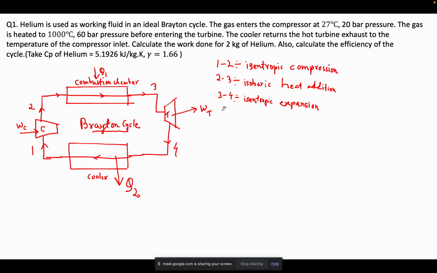And from 4 to 1 this is basically your isobaric cooling. So there are 4 processes. Now the third step is what? We have to draw the TS diagram.